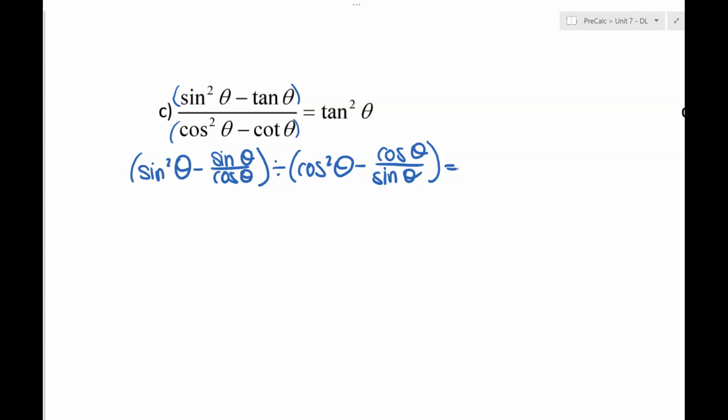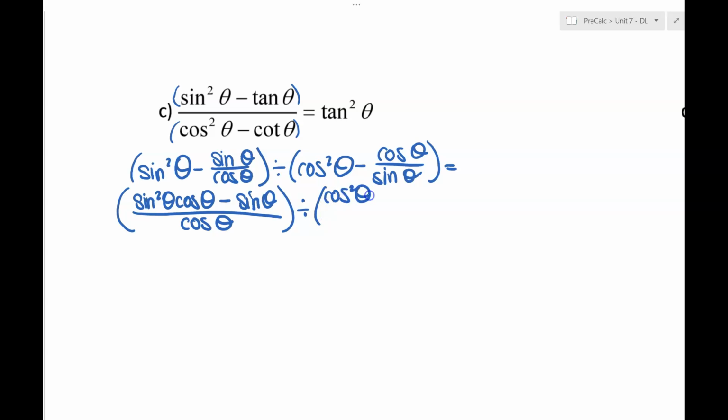So I'm going to get common denominators, and I'm going to say that sine squared theta cosine theta minus sine theta all over cosine theta. I did definitely skip a step, sorry. And then divided by cosine squared theta. I'm getting common denominators here. That might help. Sine theta minus cosine theta all over sine theta.